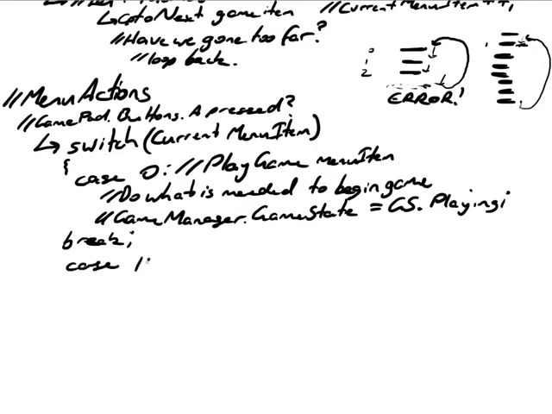Case 1 is how to play. And when pressing on the how to play item, what that does is gives control over to the game state or the game manager class, and game manager says, rightio, you are on the how to play screen.